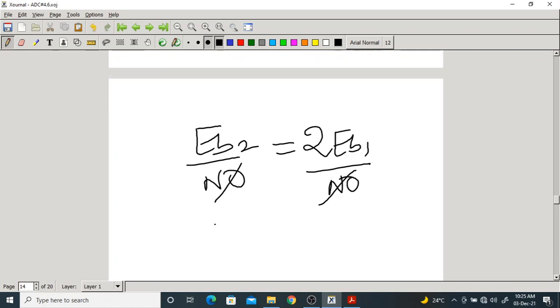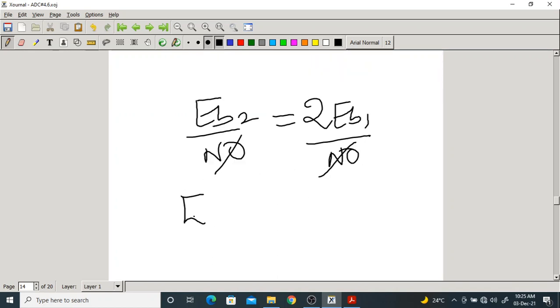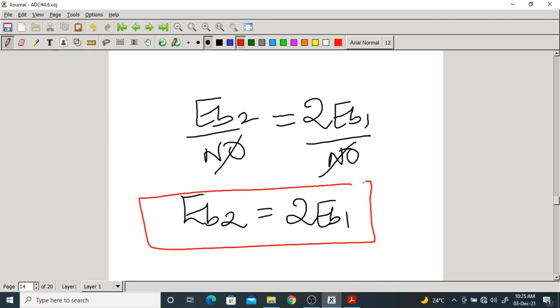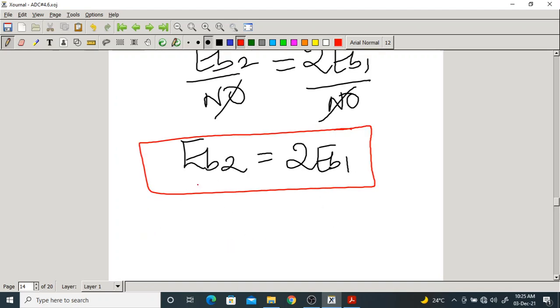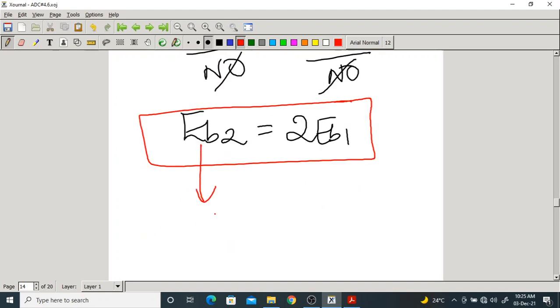So EB2 should be equal to 2 times EB1. What is this? What is EB2? This is the bit energy of BASK and BFSK.